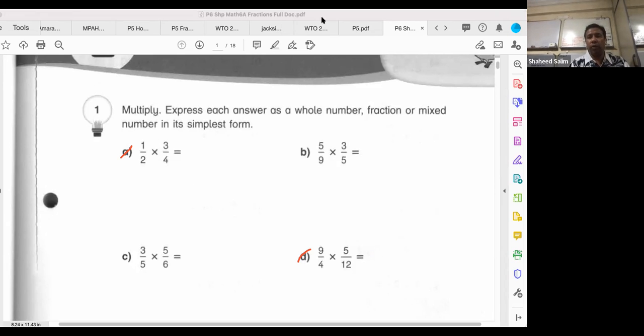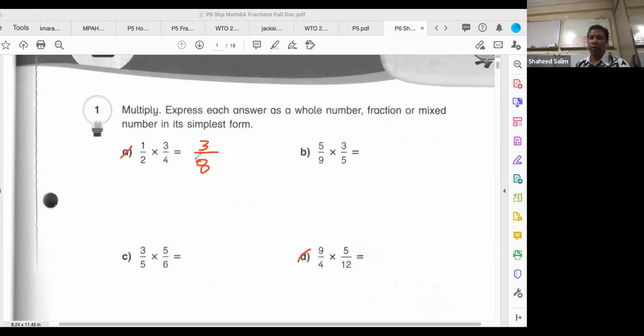Okay, those who have forgotten. Down here now, you cannot cancel top and bottom. So top times top. 1 times 3, 3. 2 times 4, 8. That's your answer for A. Try D also. Ilwa, well done. Righty, just a moment already.